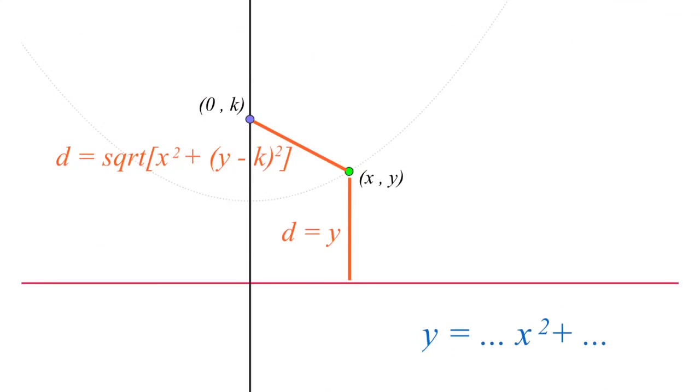So you notice that the distance between the focus and the point is right here, the square root of x squared plus the quantity y minus k squared. And the distance right here from the directrix to the point on the curve, (x, y), the distance would be y.